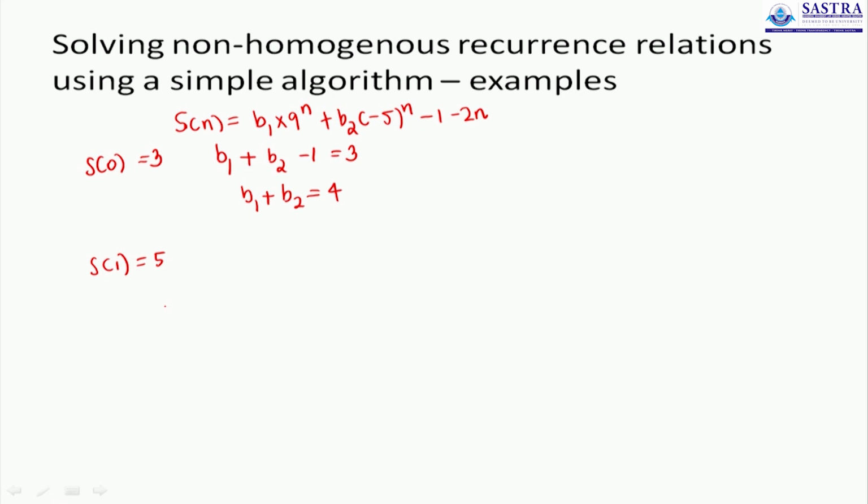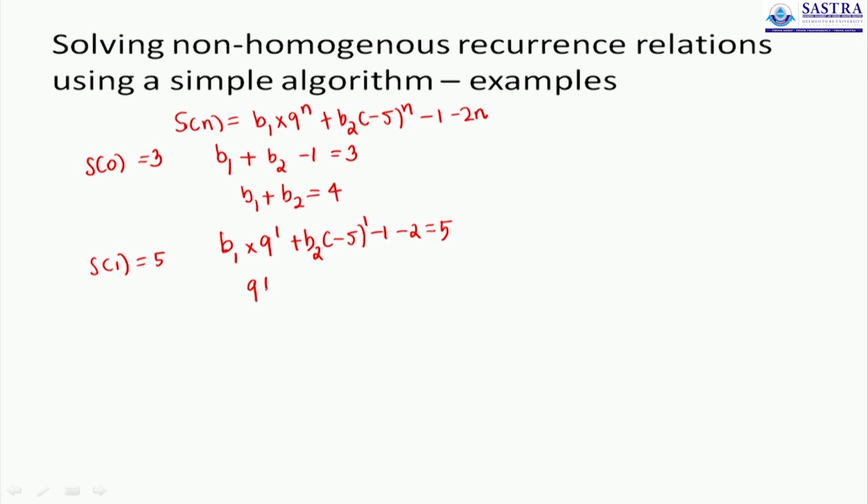Which means b1 times 9 to the power of 1 plus b2 times minus 5 to the power of 1 minus 1 minus 2 is actually 5.